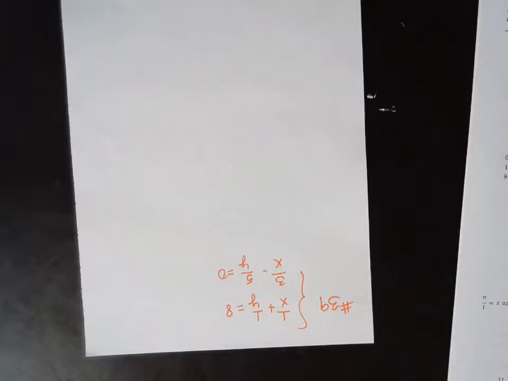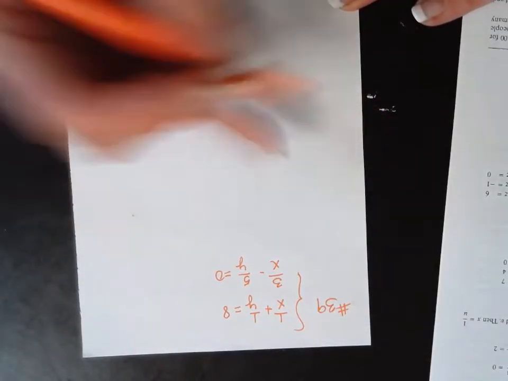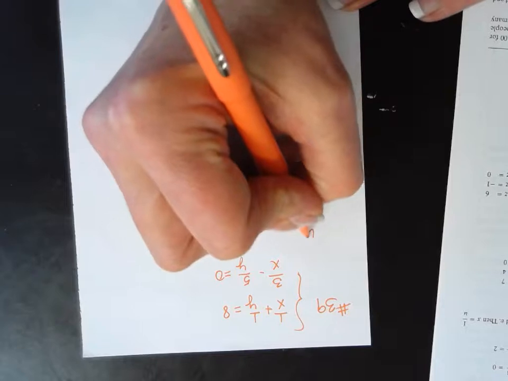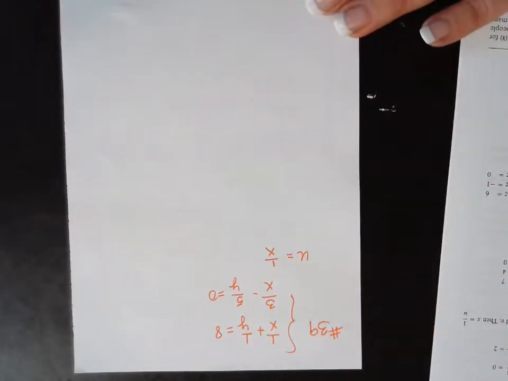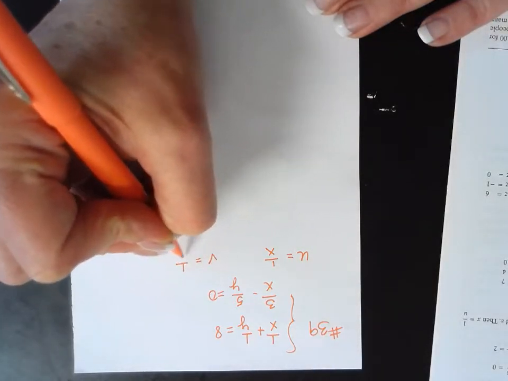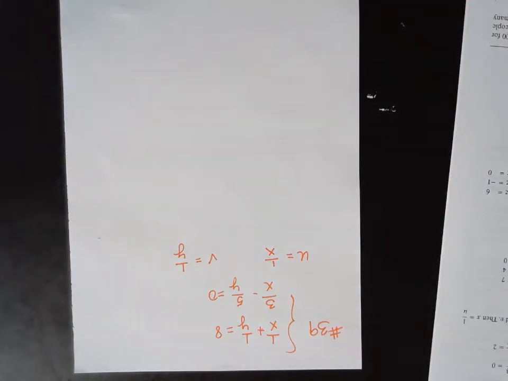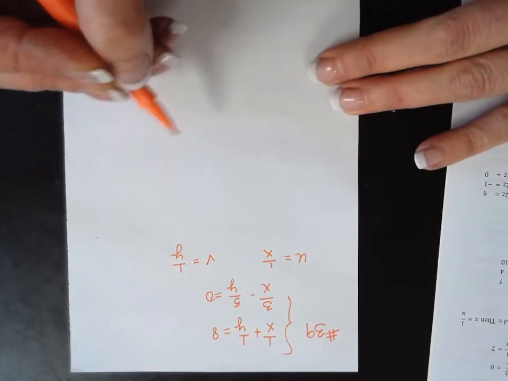Now, there is a big hint at the bottom that said if you set u equal to 1 over x, and we're going to set v equal to 1 over y, then you can substitute them in to make it a lot easier to solve.